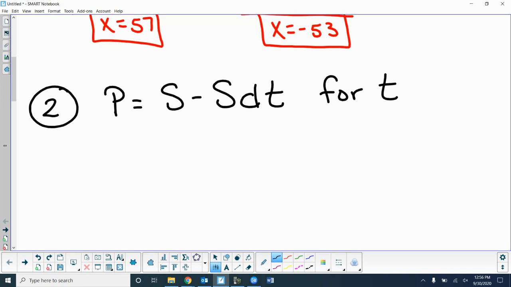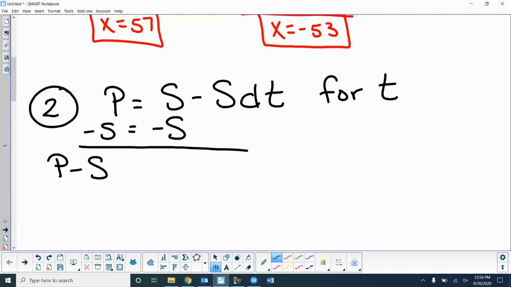And that's a positive s right now, so when I move it over, I'm going to make it negative or subtract it. So I could just write p minus s, because I don't know what they are, and they're not like terms. S minus s cancel out. And I got this, don't forget that minus sign there, or negative sign. Negative s times d times t.